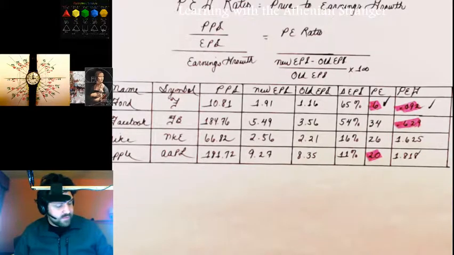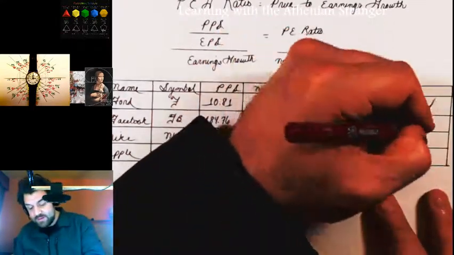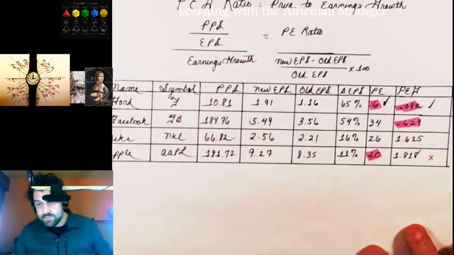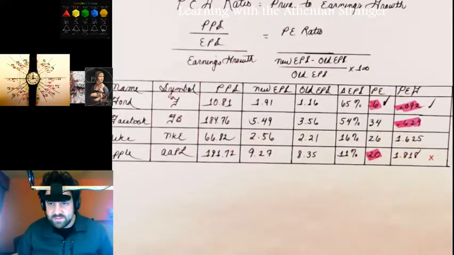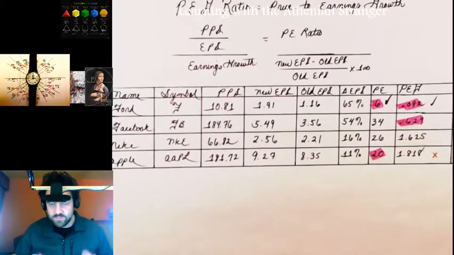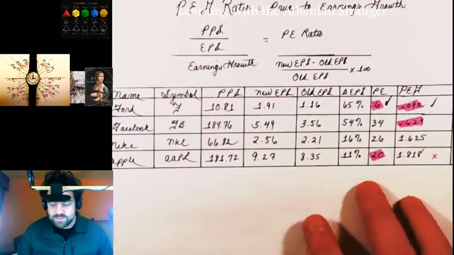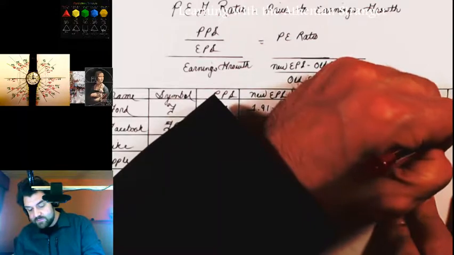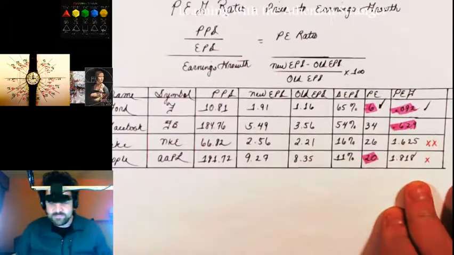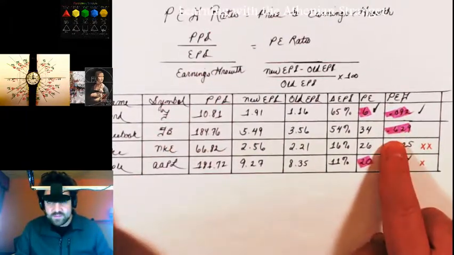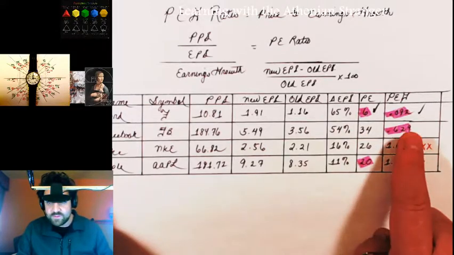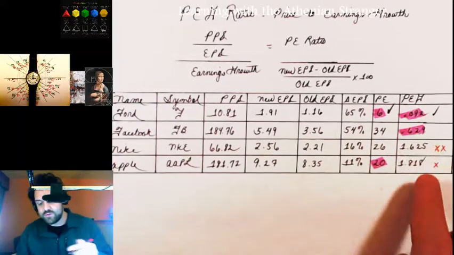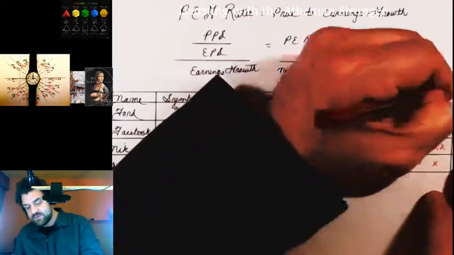So I like to point this out, that Apple here fails on PEG, but they won on PE. So what does that mean? Well, it means we don't know enough about the company to make a choice. Nike was the most expensive on both counts, so they lose twice. Facebook lost this game once on PE, but they were the second lowest PEG ratio, so they lost on one count.